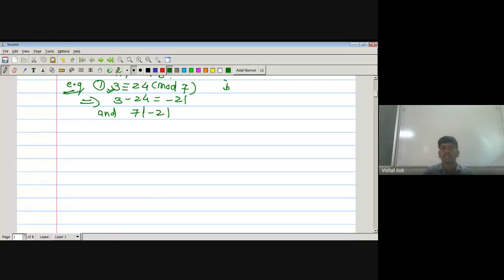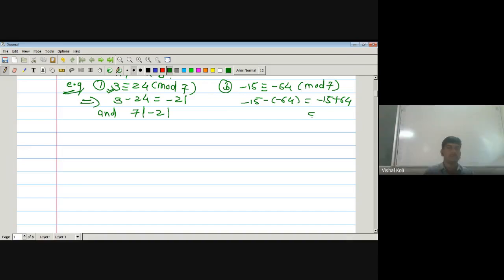Second one: let us check whether minus 15 is congruent to minus 64 modulo 7. Here we have to check whether 7 divides minus 15 minus of minus 64, which is nothing but minus 15 plus 64, equal to 49.